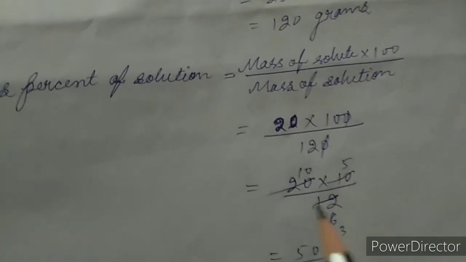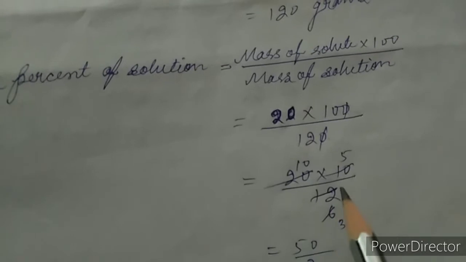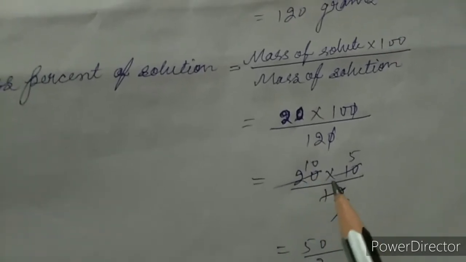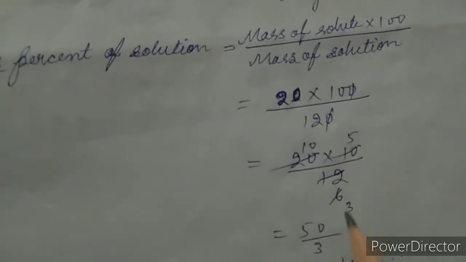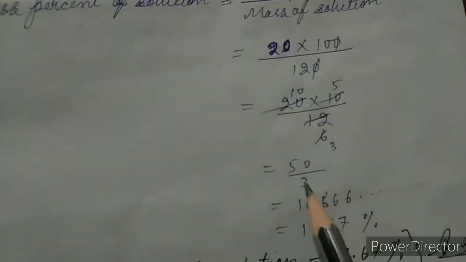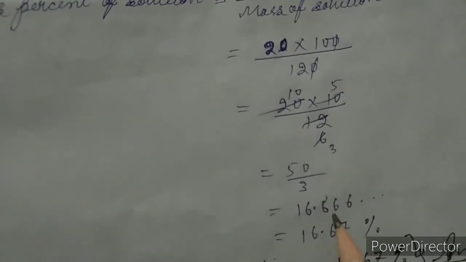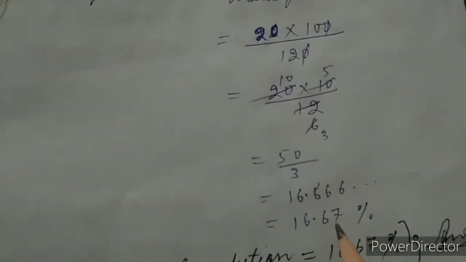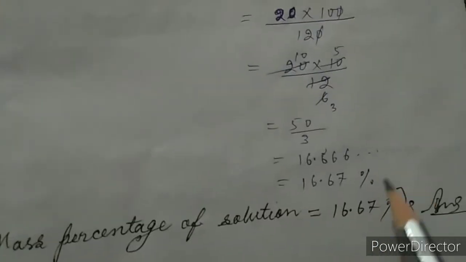Then when we simplify this, 3 sixes are 18, 10 twos are 20, again 10 fives are 50 upon 3, and when we divide this we obtain 16.6666, and when we round off this, 16.67% will be the mass percentage of the solute.